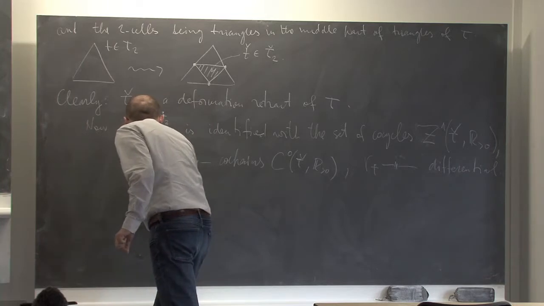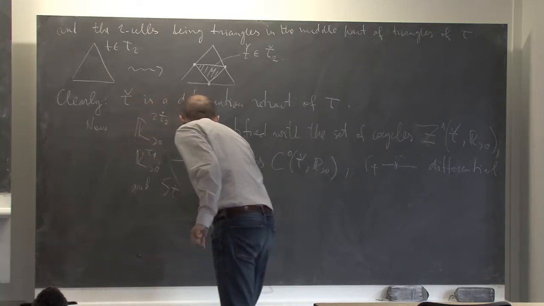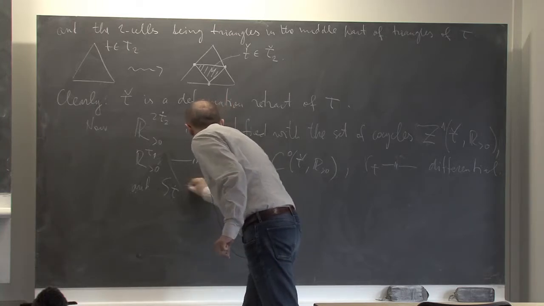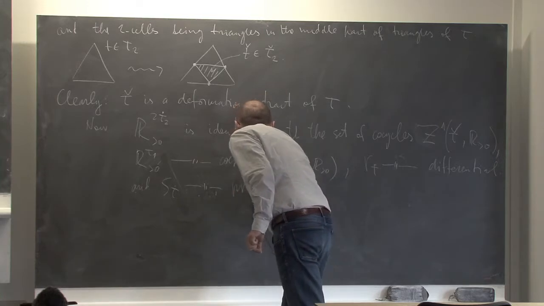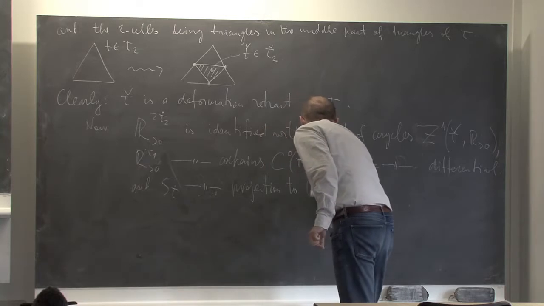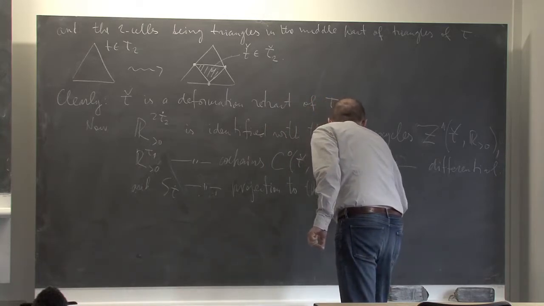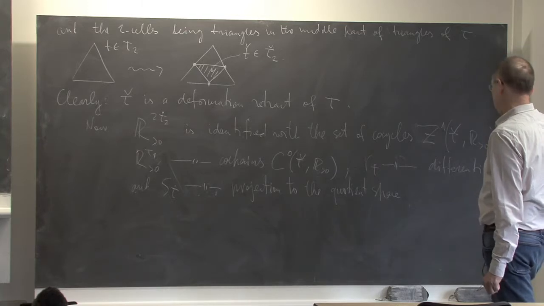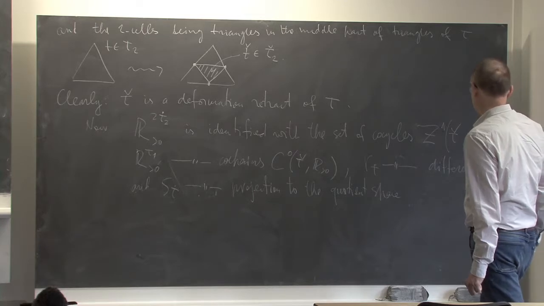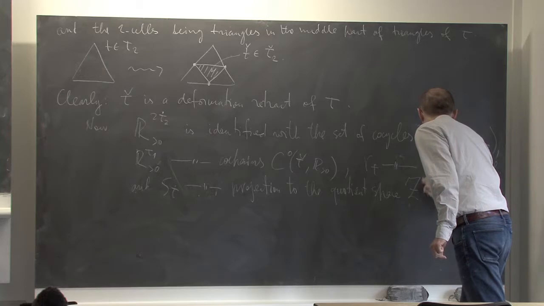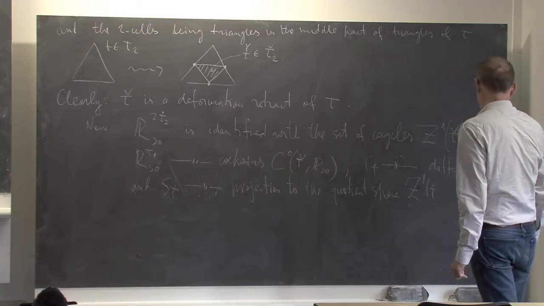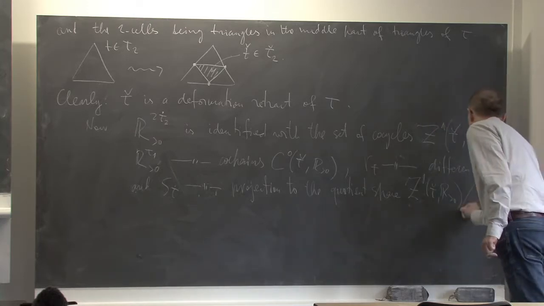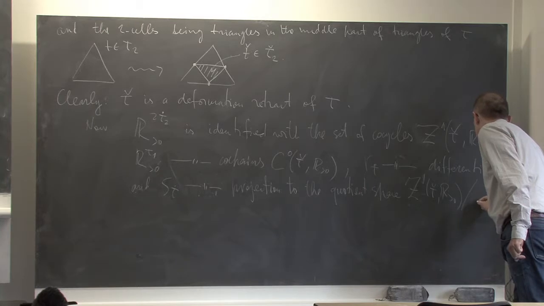And S tau dot with the projection is identified with a projection to the quotient space G1 of tau check, with a boundary, right?